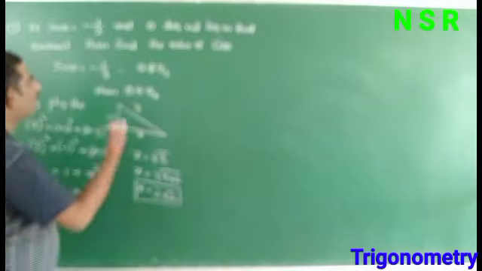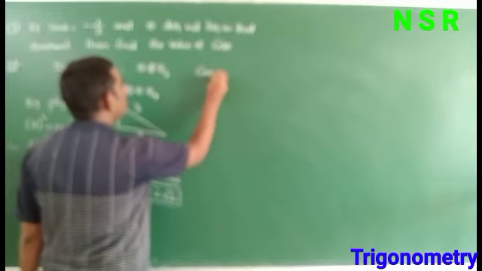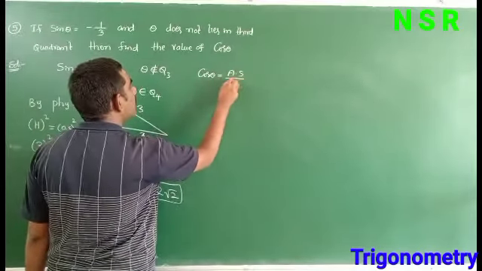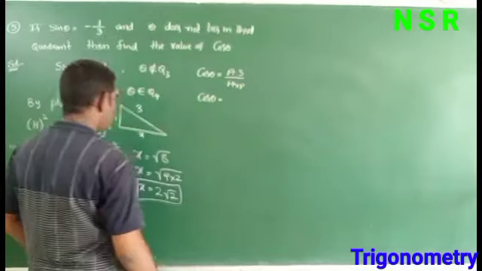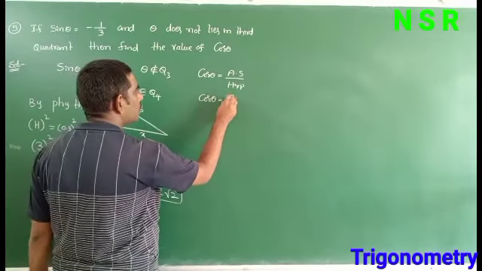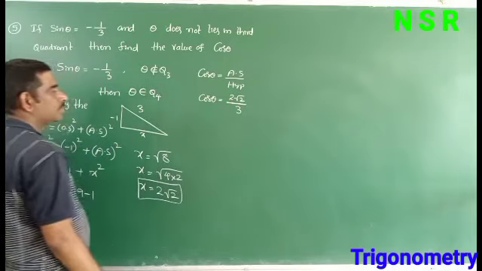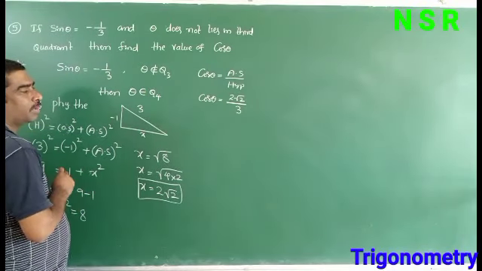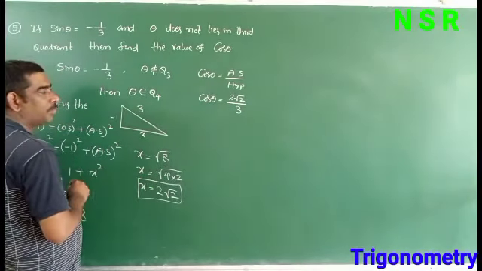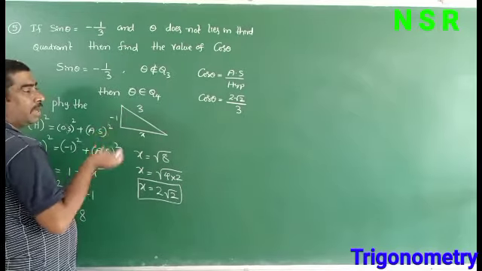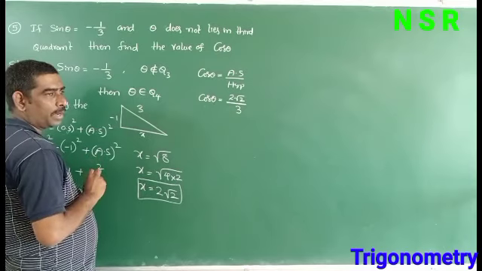So adjacent side value is 2 root 2. So now we have to find the value of cos theta. So cos theta is equal to adjacent side by hypotenuse. So cos theta is equal to adjacent side 2 root 2 by 3. So here theta belongs to Q4. In fourth quadrant cos positive, so that's why right here 2 root 2 by 3. If theta is belongs to Q3, now at the time you write here in place of 2 root 2 write minus.